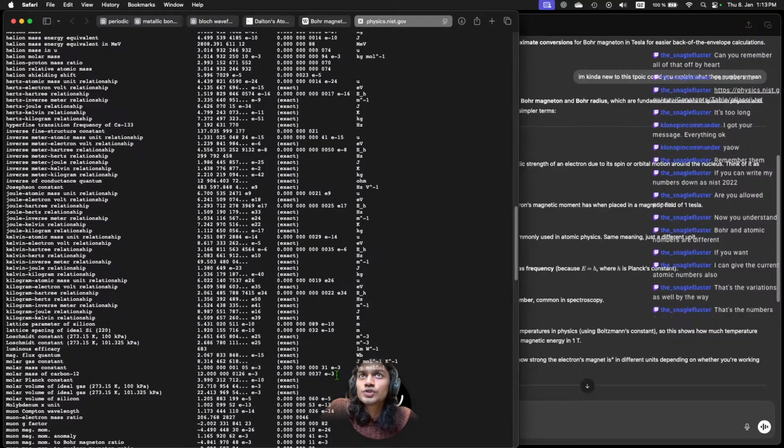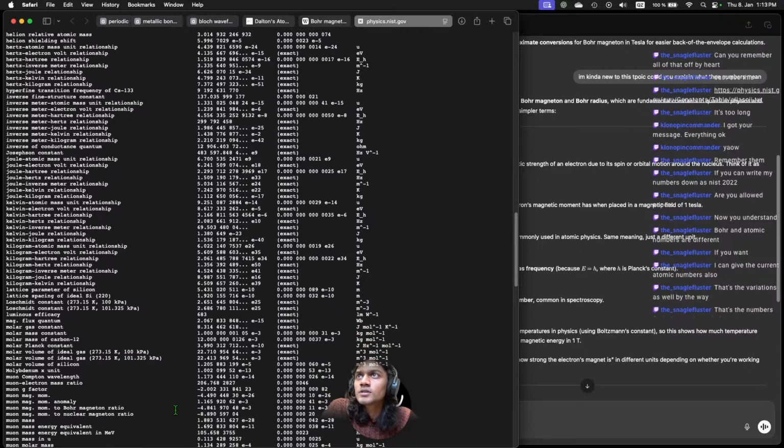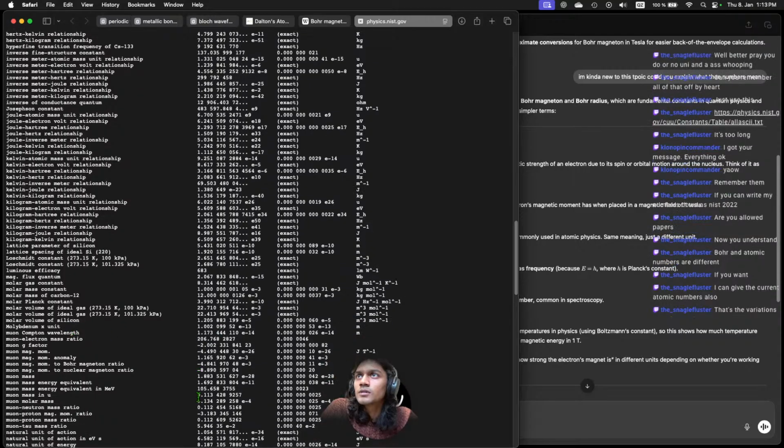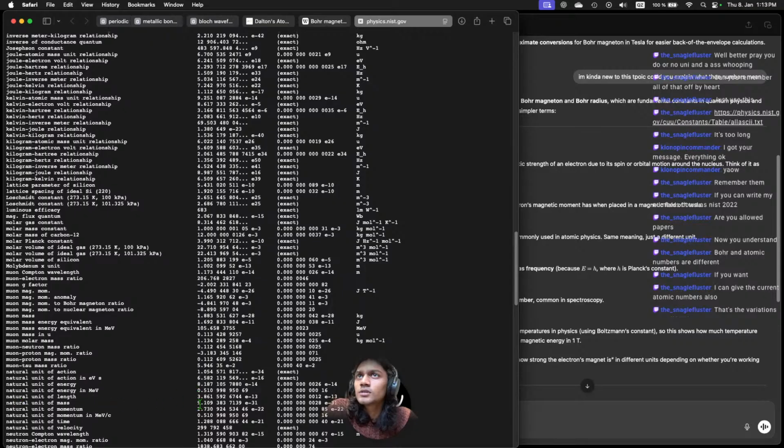There is uncertainty in the mass of carbon. Molar volume of an ideal gas. Molybdenum. Natural unit of mass. What are these?